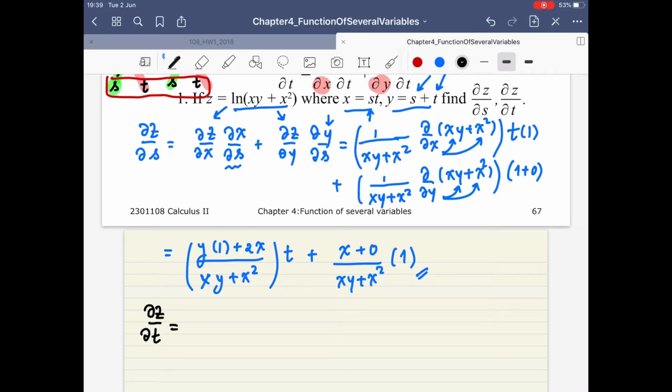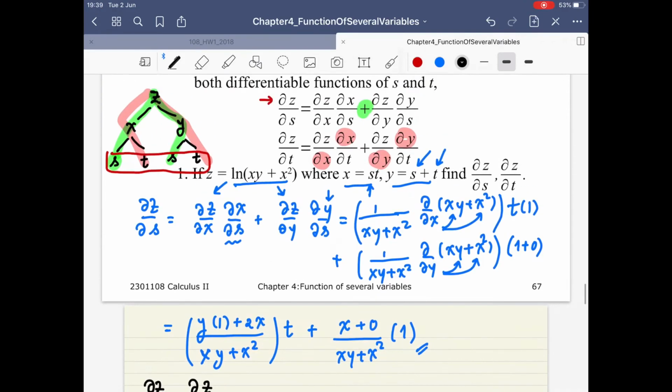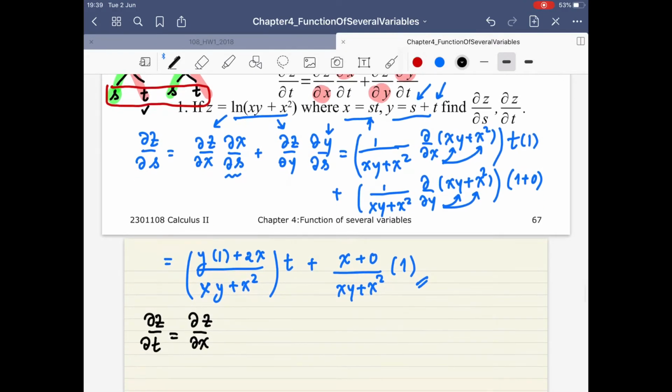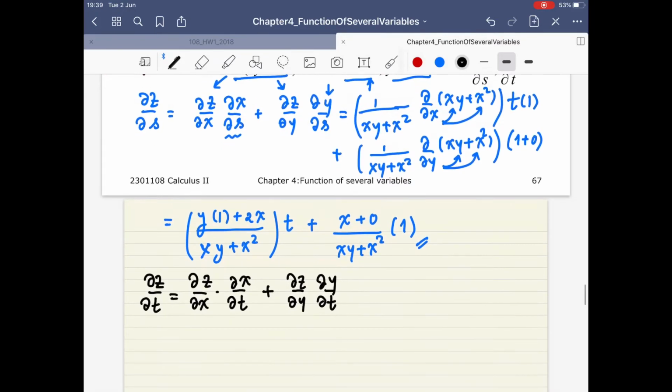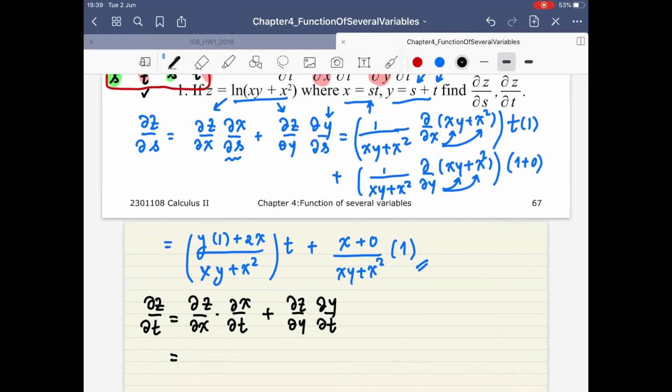So again, it is dz by dx first, because to go to the t, you need to go through x first, and then dx by dt, dz by dy, dy by dt. Okay, you got two contributions. So the first one, again, you have a logarithm, so you have 1 over xy plus x squared, and then a derivative of the inside with respect to x, so you got y and 2x, and then dx by dt right now.